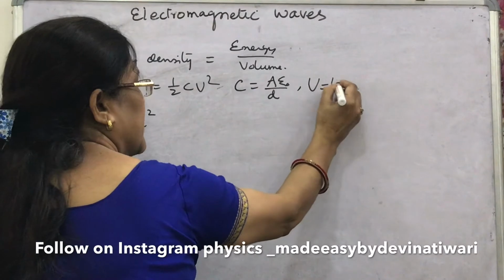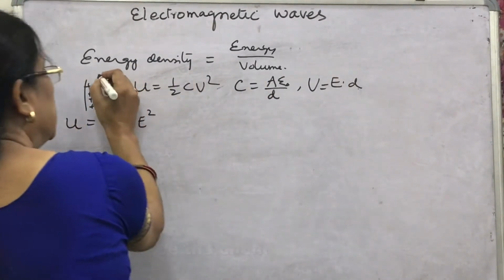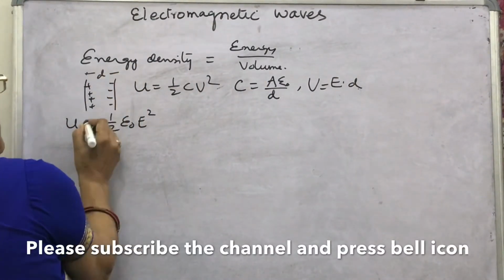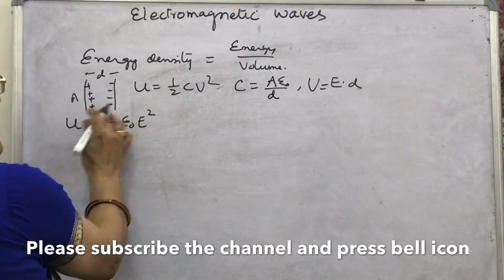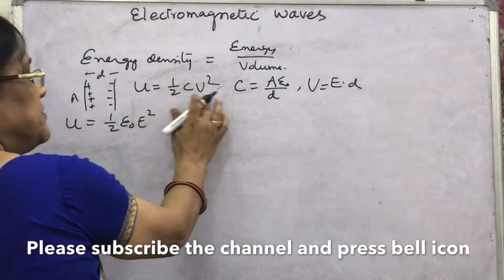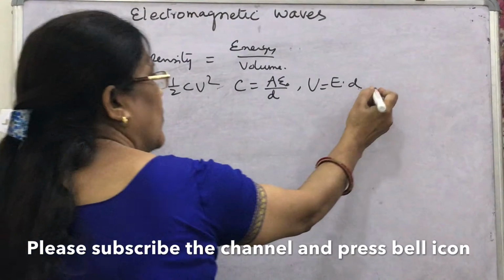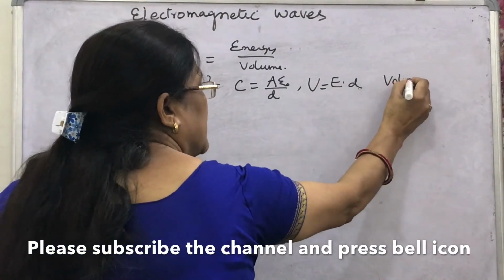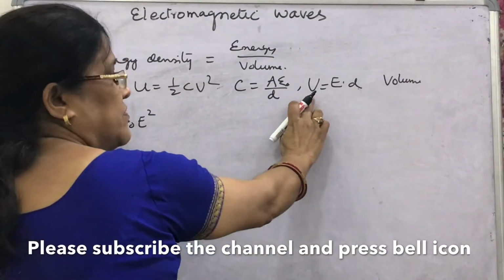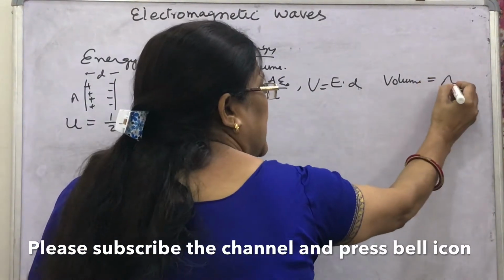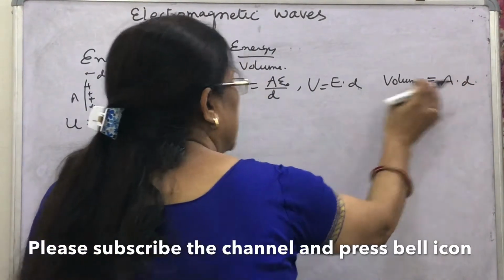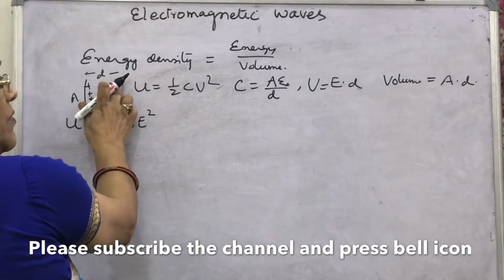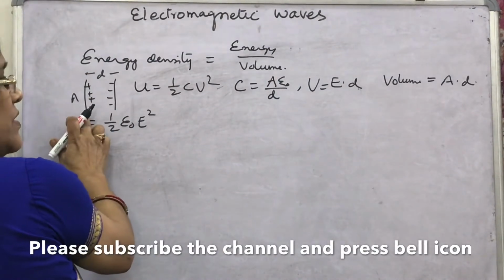V is electric field into D. D is the plate gap and A is the plate area of the parallel plate capacitor. Then half CV square, and volume I am writing in words because V is potential difference here. Then volume will be area into distance between the plates.